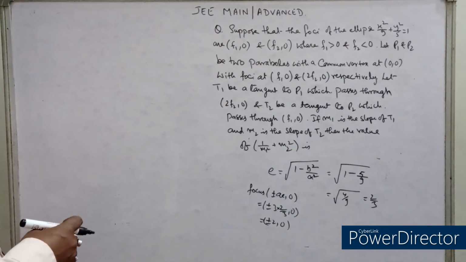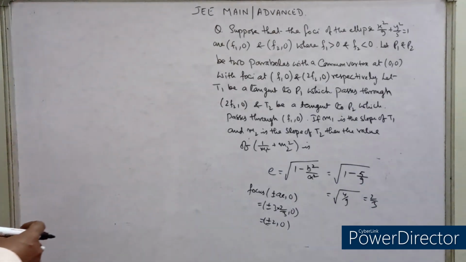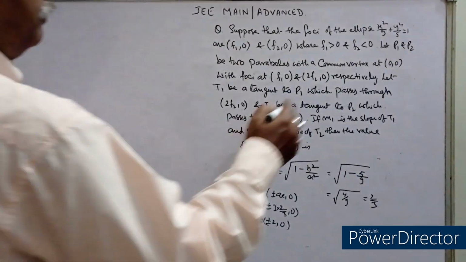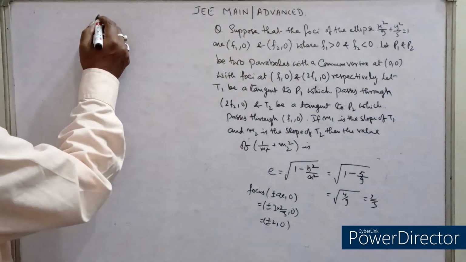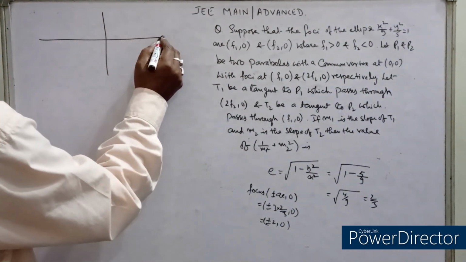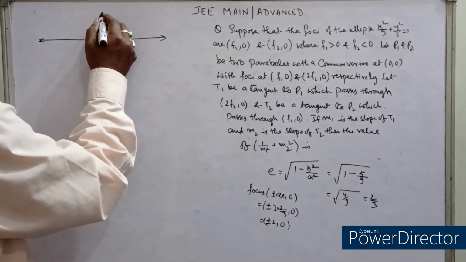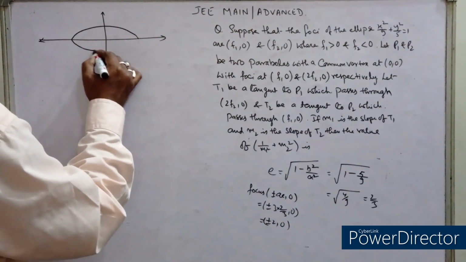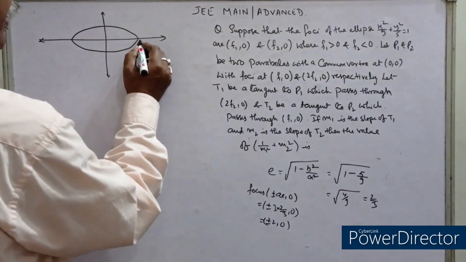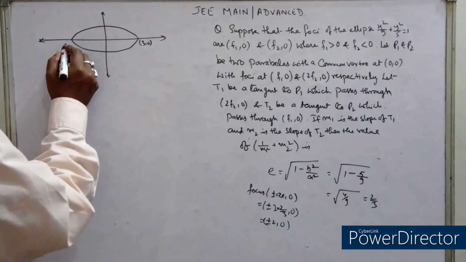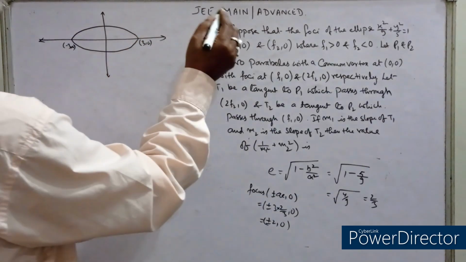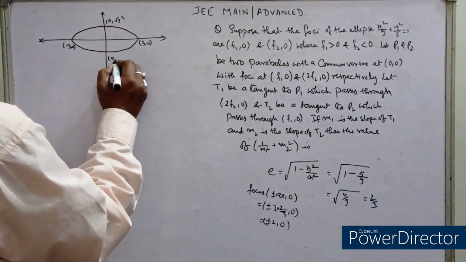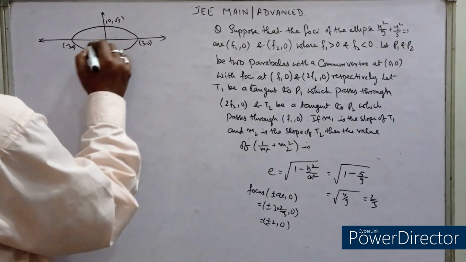I have found the eccentricity and focus. After that, now I will draw the graph of it. From this we see that since A is greater than B, the figure will be somewhat like this, an ellipse, where this is 3 comma 0, and this is minus 3 comma 0, and your B is 0 comma root 5, and this is 0 comma minus root 5, and these are your vertices.